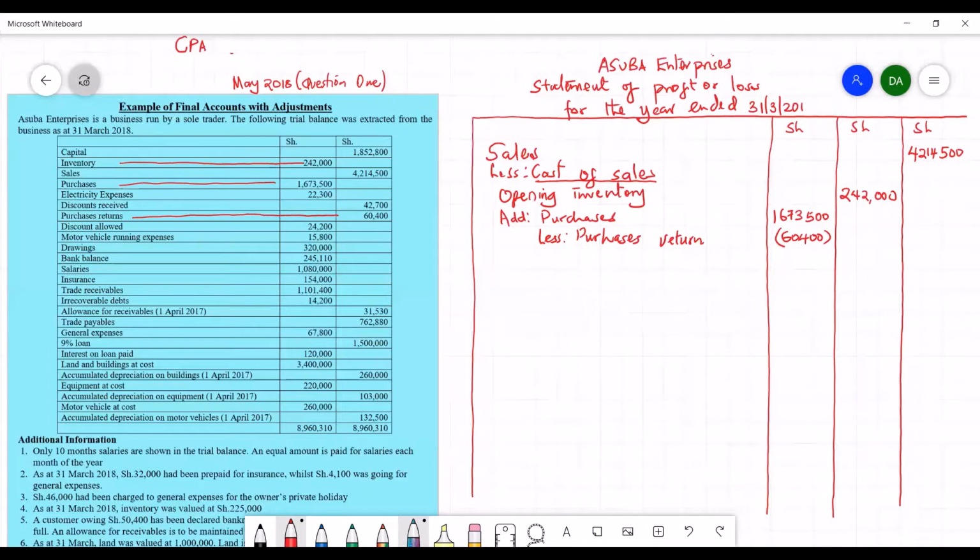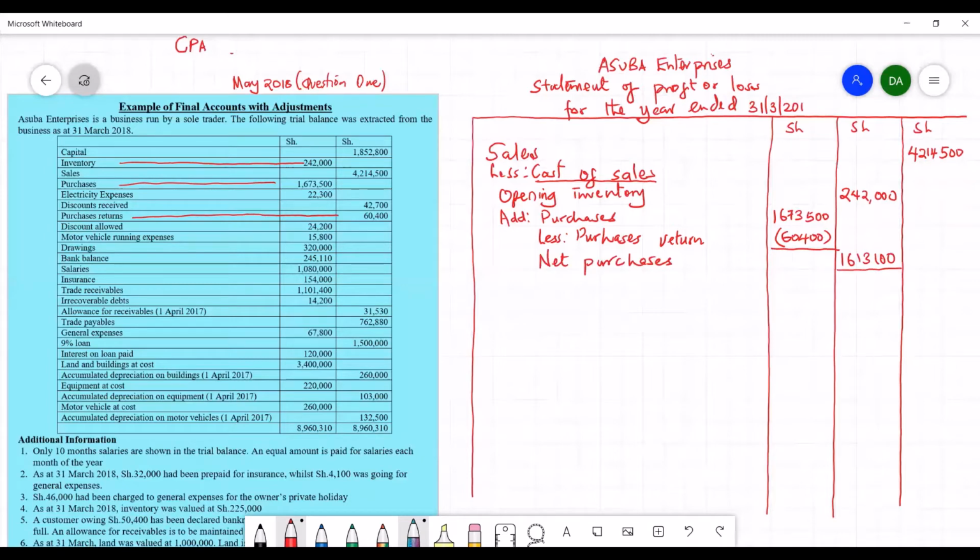So now we want to subtract 60,400 from 1,673,500, so that we get 1,613,100, which is now known as net purchases. Net purchases should be added to the opening inventory.